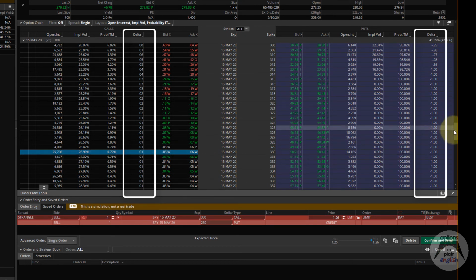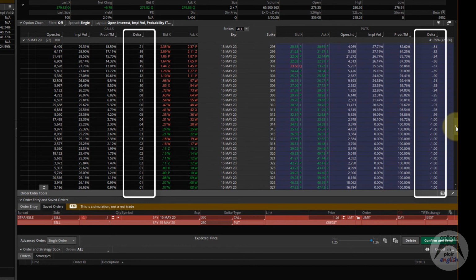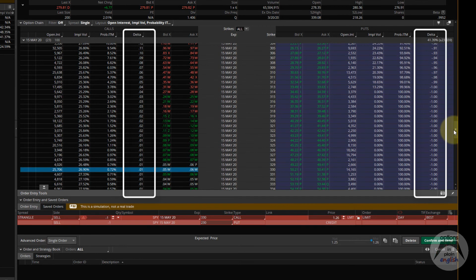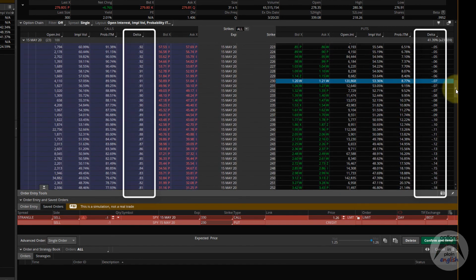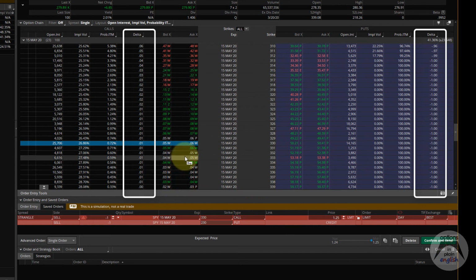This is the reason why this is heavily directional. Now, one of the things we could do is make the deltas equal. So I could either move the put further, so it's going to be higher here, or I could also move the call to a lower strike, so higher on this chain.